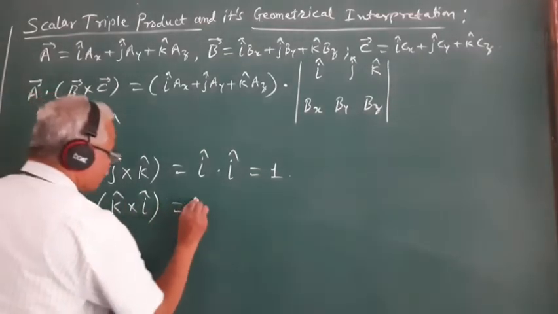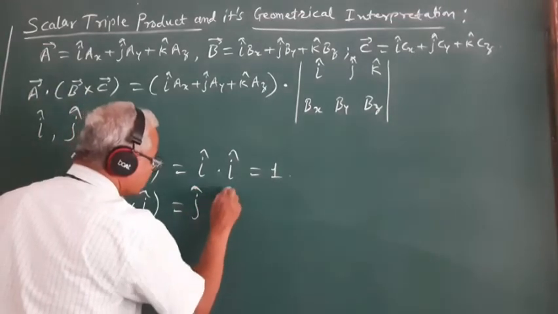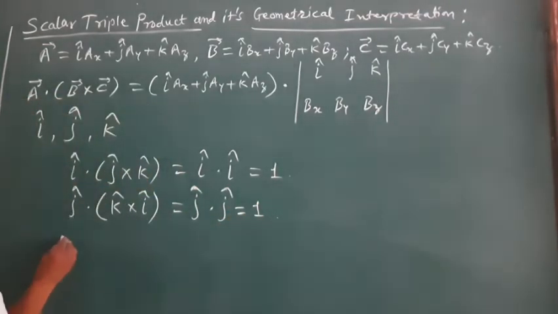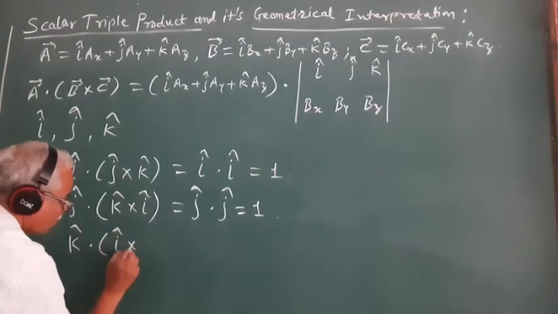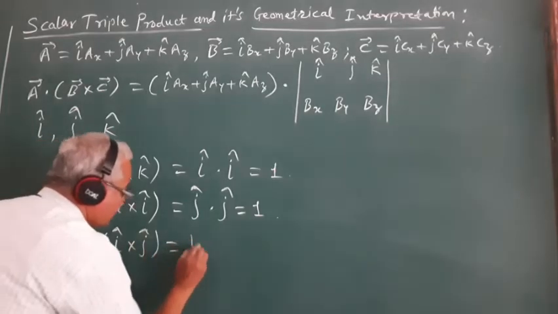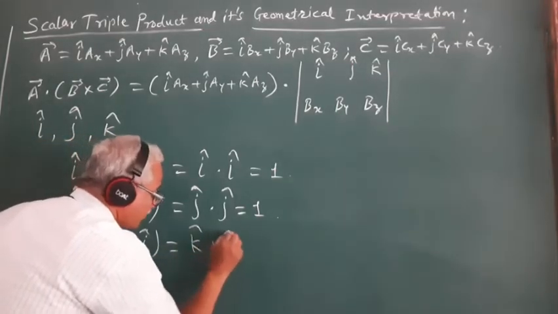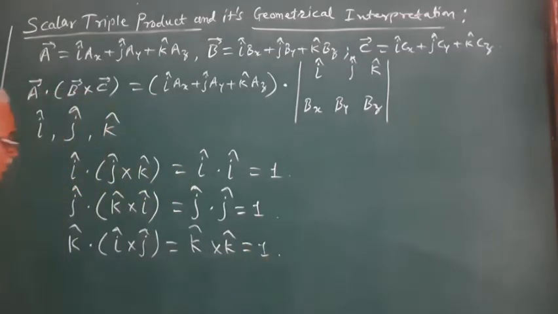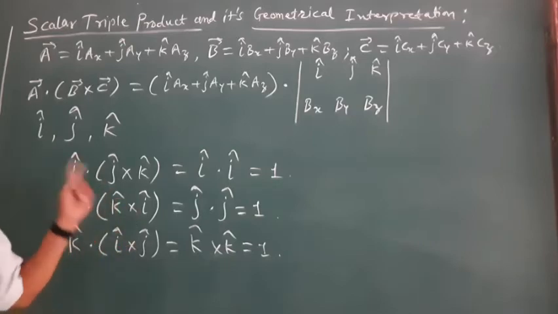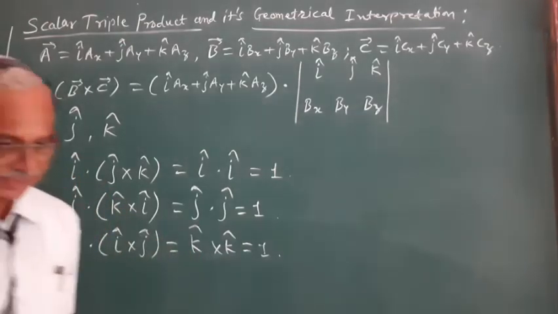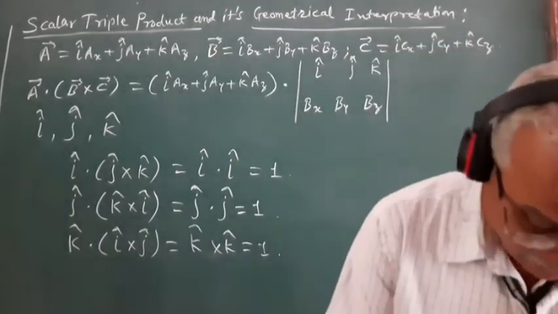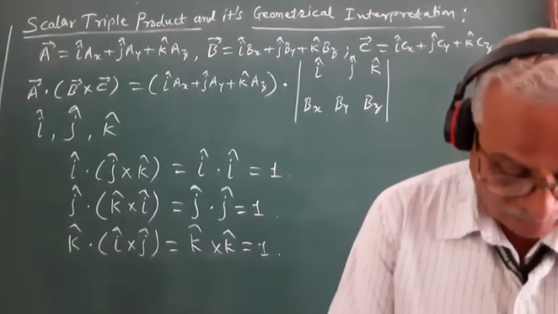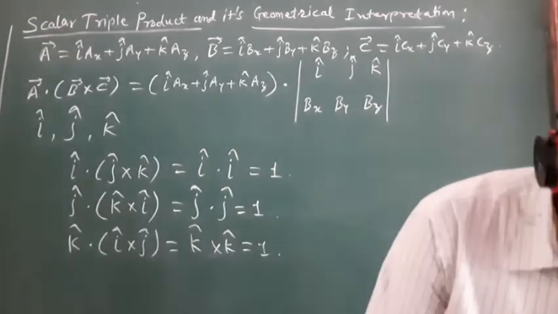Again this is equal to j dot j, which is 1, as well as k dot i cross j, which is equal to k dot k, and this is equal to 1. So we observe that the scalar product of the unit vectors works out to be equal to unity. That is the most important point that you must remember: the scalar product of the unit vectors is unity.